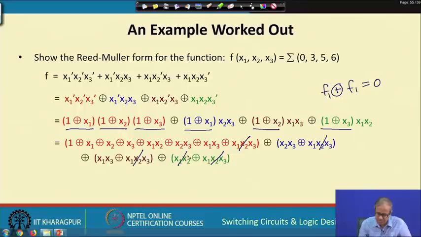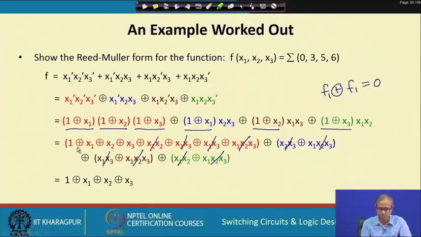This x 1 x 2 and this x 1 x 2 cancel out. This x 2 x 3 and x 2 x 3 cancel out, and finally, x 1 x 3 and x 1 x 3 get cancelled out. So, most of the terms are getting cancelled out, and what you finally have is only one XOR x 2 XOR x 3. You do not need any AND gates for this example, you need only XOR. It is a very simple form of an expansion.